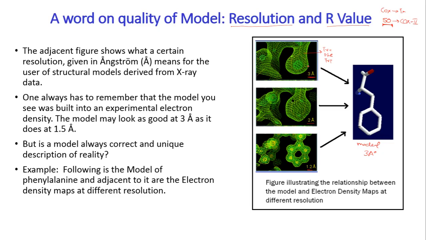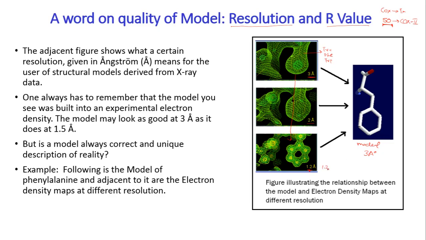because this does not allow you to precisely place the atoms in the electron density map. But as the resolution of the electron density map increases and you have a finer map, you are in no place of confusion as to whether we can fit tyrosine, phenylalanine, or tryptophan over here.